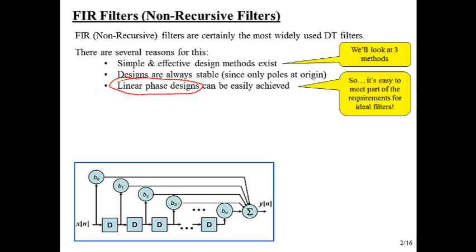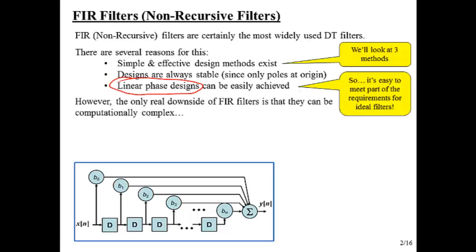We've said that that's one half of the ideal filter requirement, so it's good to be able to maintain that. In fact, that's one of the reasons for FIR non-recursive filters to be one of the most widely used discrete time filters, because the key reason is this linear phase response. So that's a big part of this.